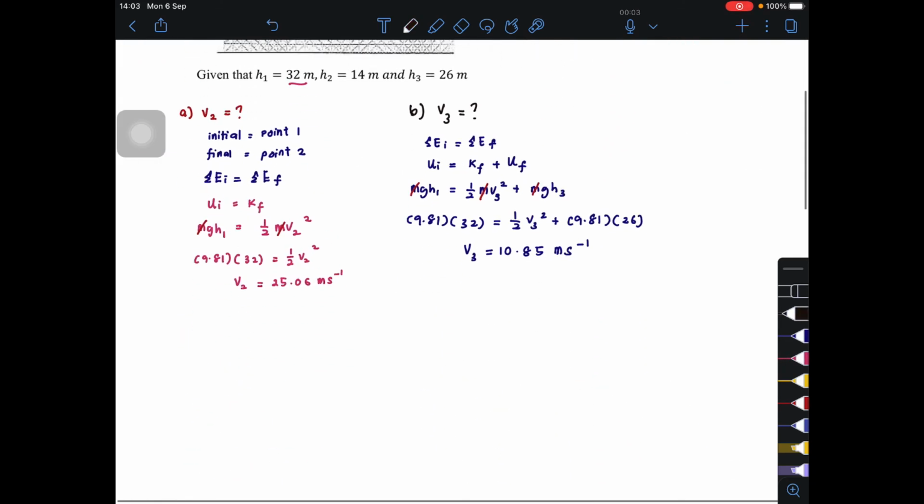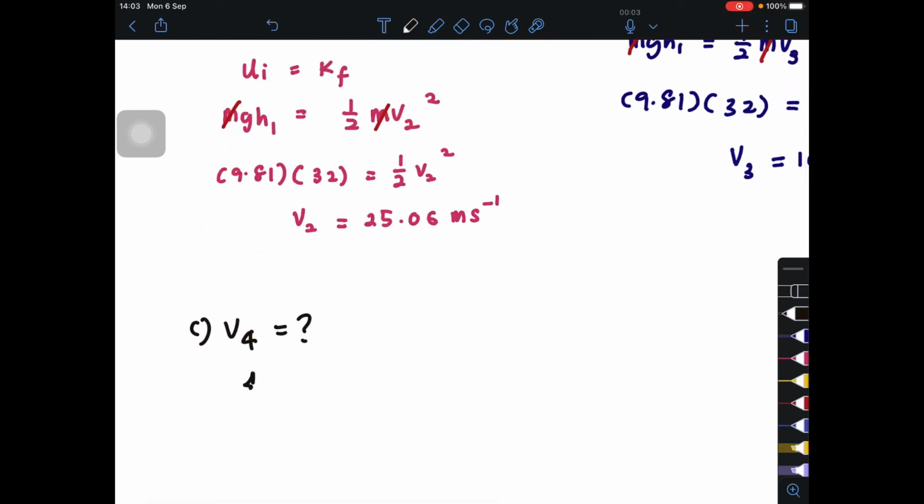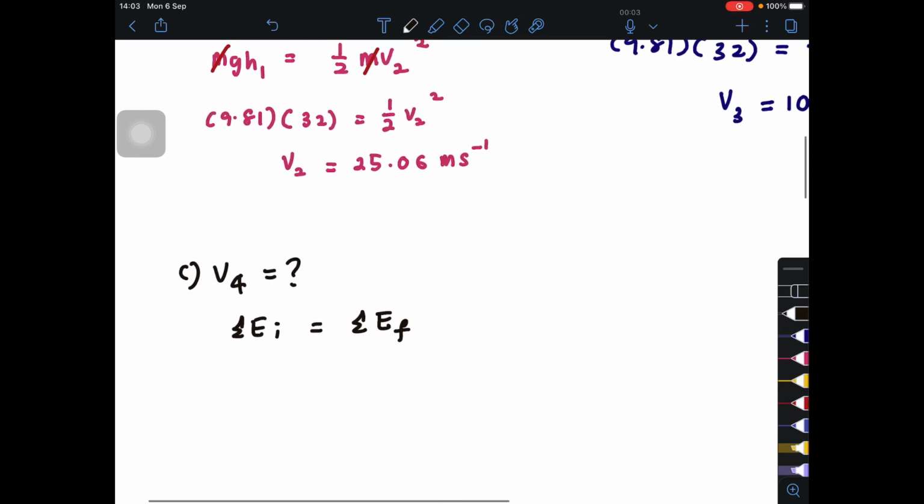So now V4, the sum of initial energy is equal to the sum of final energy, where initial we only have potential energy and final has both.